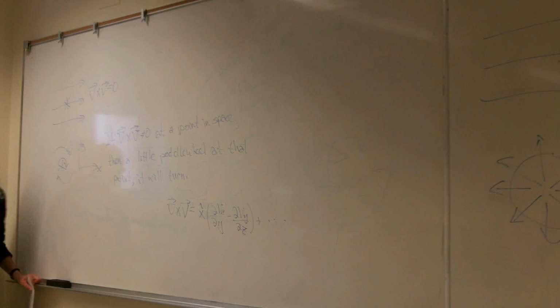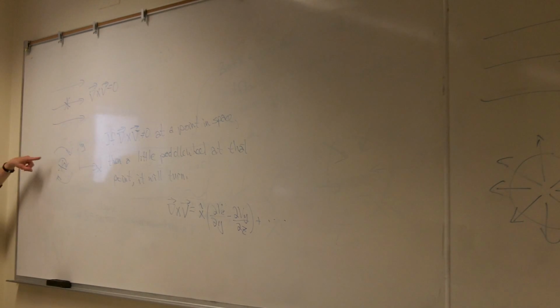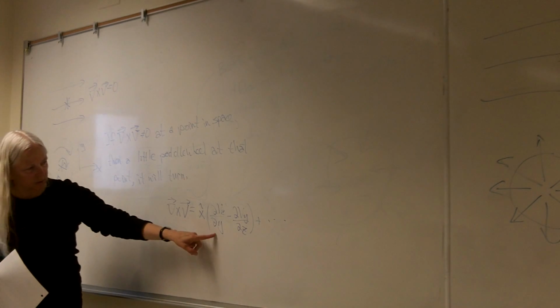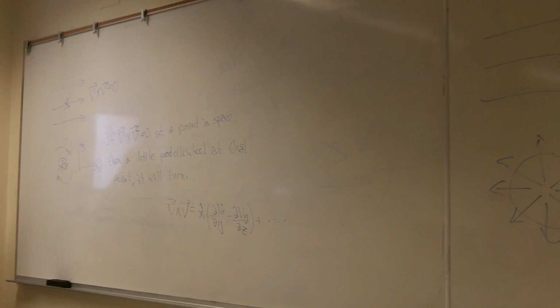In other words, let's imagine an x and y coordinate system like that. Let's say the x component: there will be terms in here that involve the derivatives of v sub x with respect to y and with respect to z.